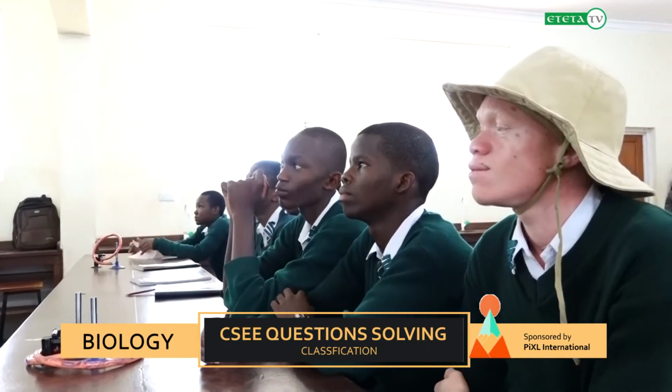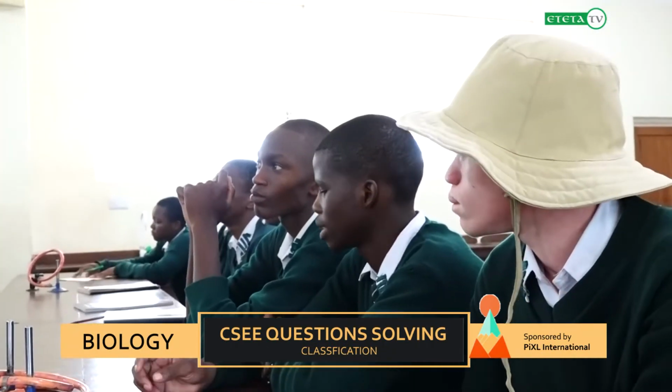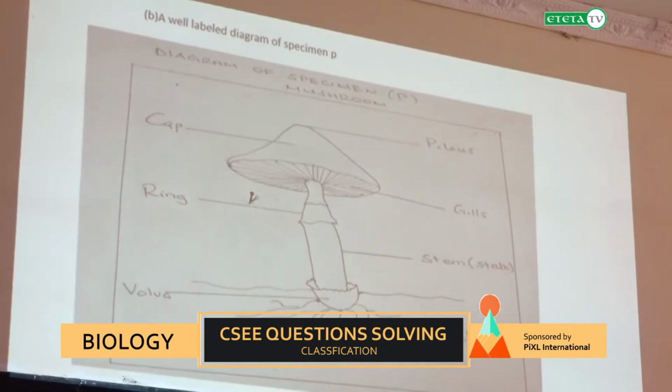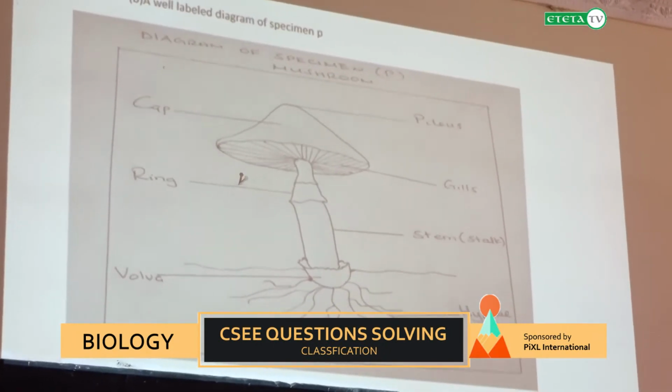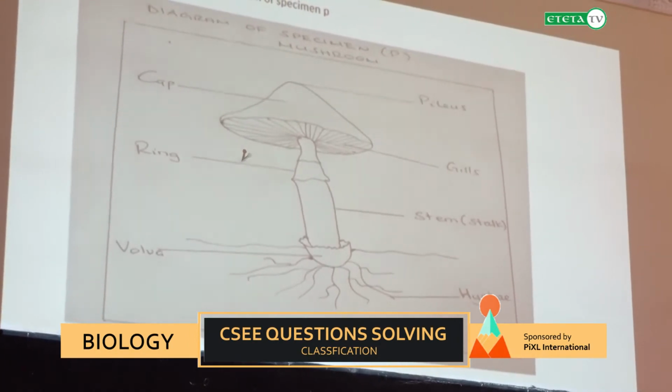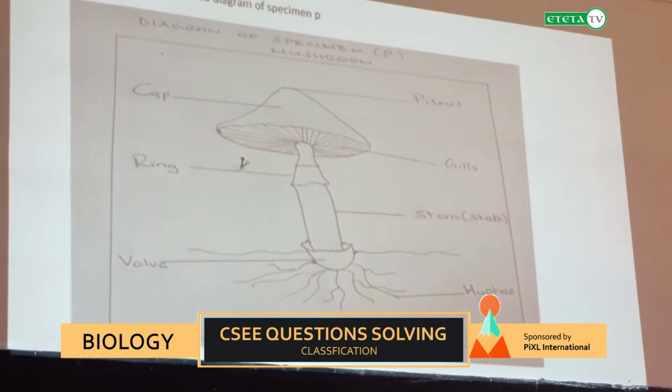At the top of your diagram, use capital letters for the heading. If you write the heading at the bottom, you can use small letters. The diagram of the mushroom will be labeled.